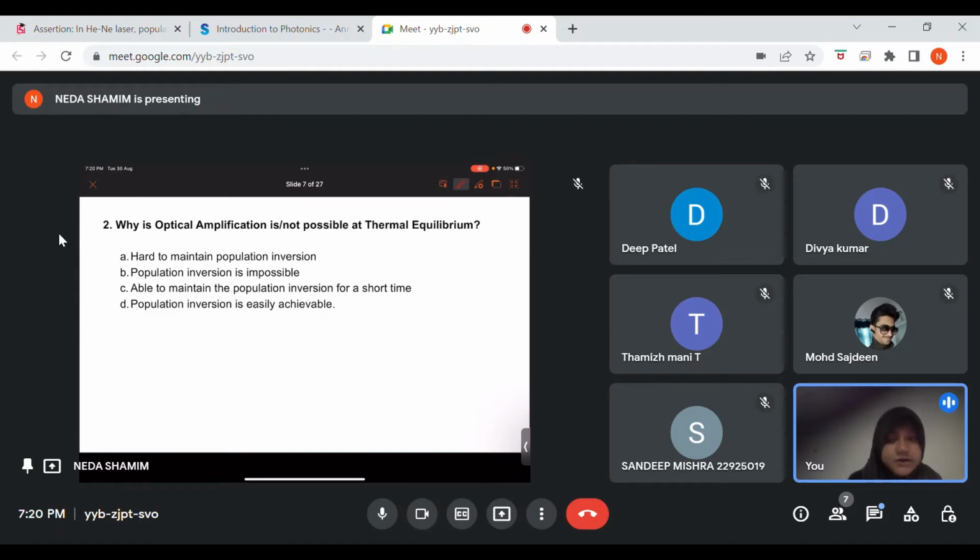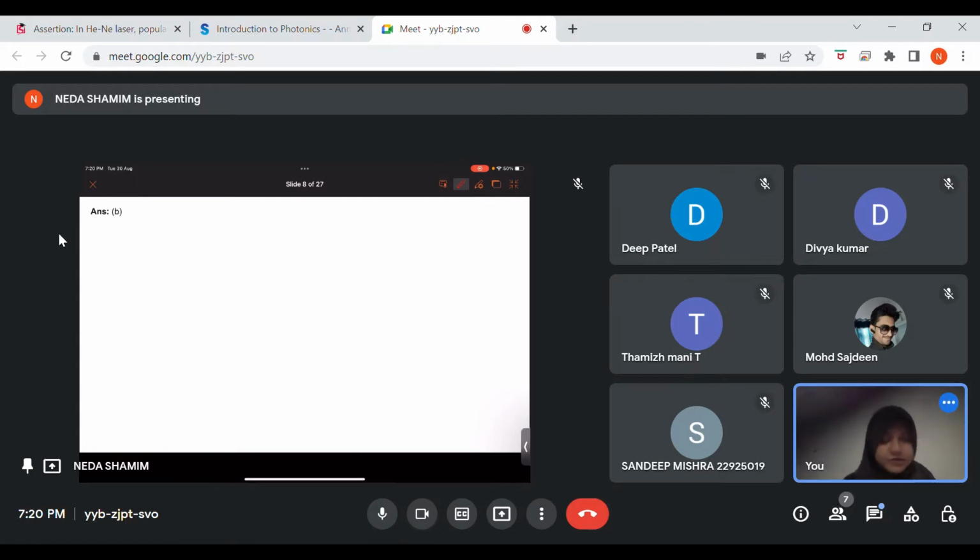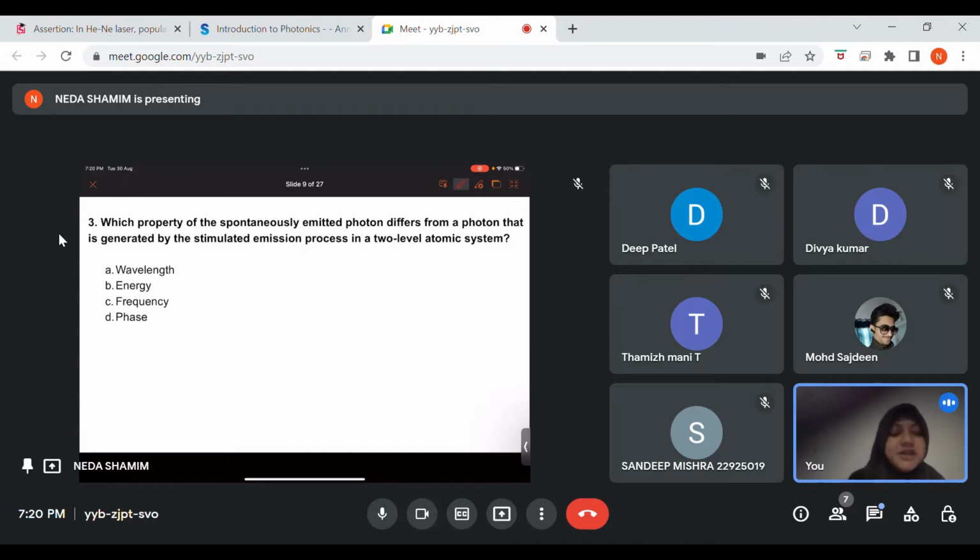No. Is it hard to maintain population inversion? Yes, it's not only hard to maintain, population inversion will be impossible. So the answer is B: we won't be able to maintain population inversion at thermal equilibrium, and so optical amplification would not be possible.